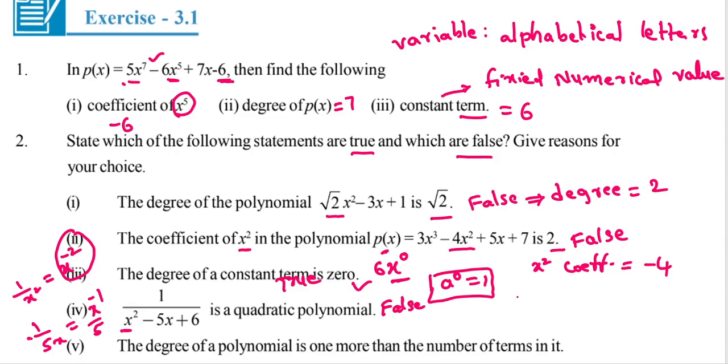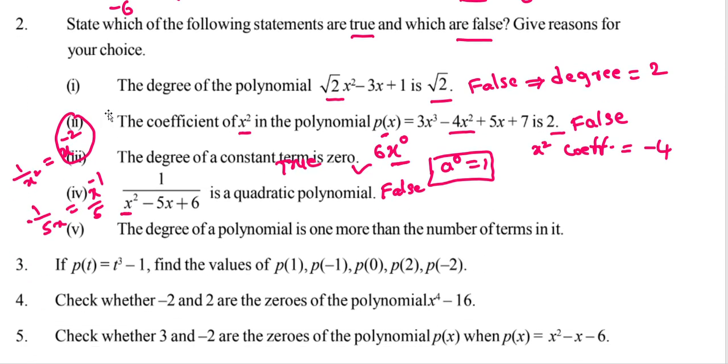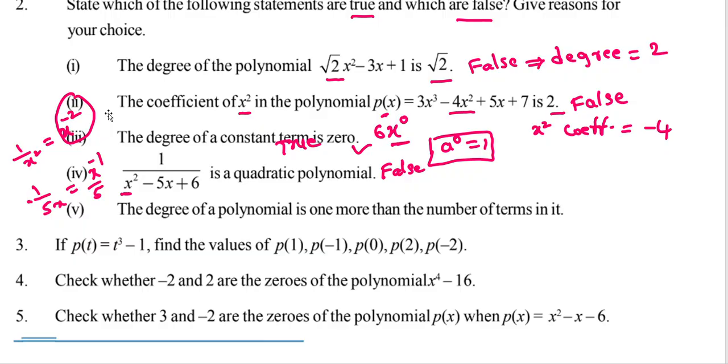For example, look at 2x square plus 4x minus 6. How many terms are there? 3. 2x square is one term, 4x is another term, minus 6 is another term.